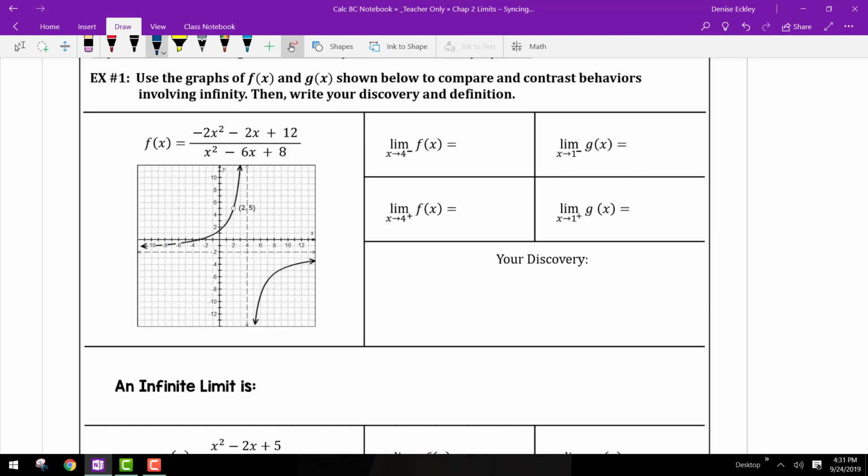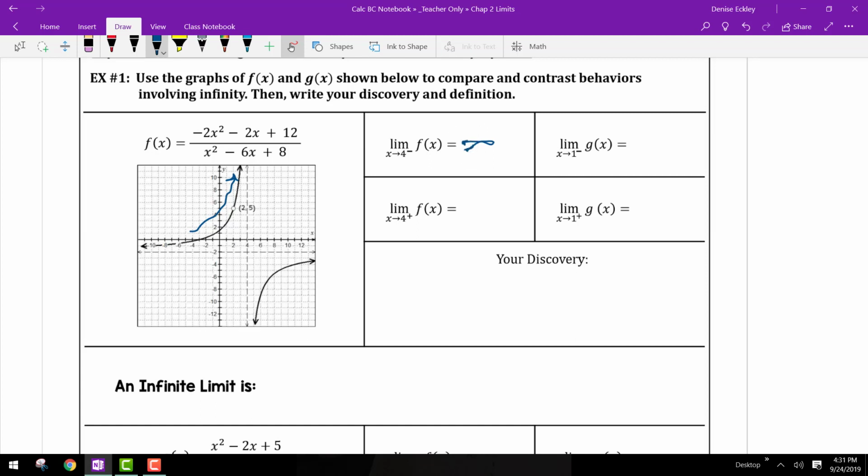We're going to look at the graph as x approaches 4 from the left. Tracing the graph towards 4 from the left, we can see that we're headed to infinity.